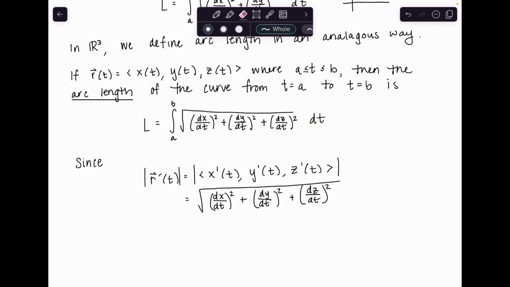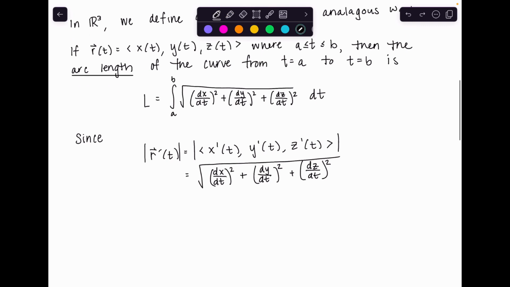So instead of having to write this formula out, I can write it in a more condensed way because this is just the magnitude of the derivative of r. So ultimately, we can also write that the length L is the integral from a to b of the magnitude of r prime of t. Okay.